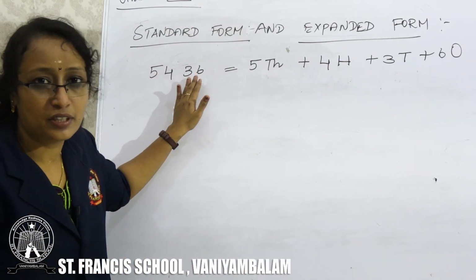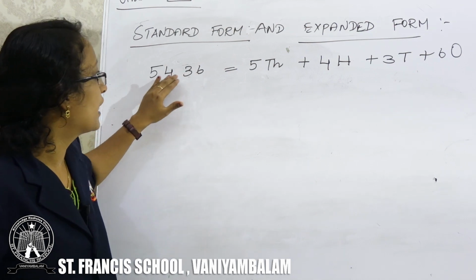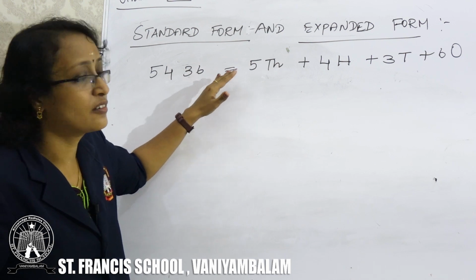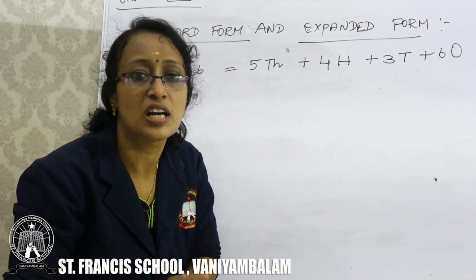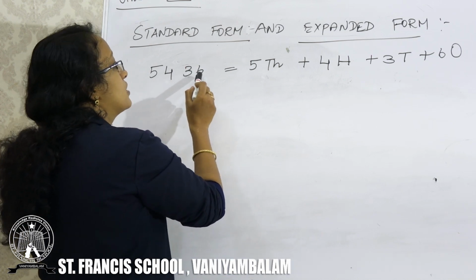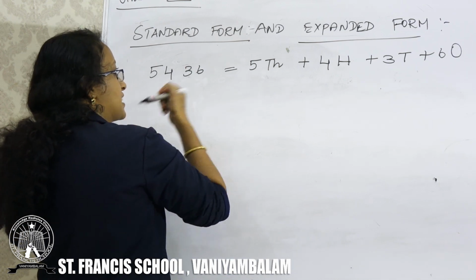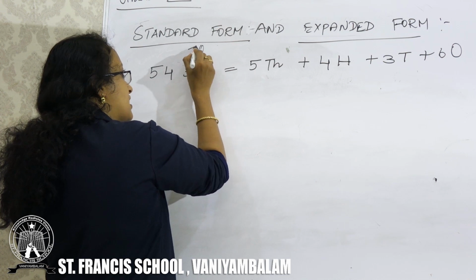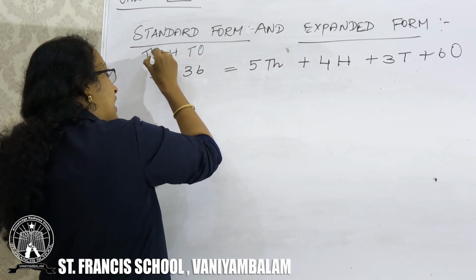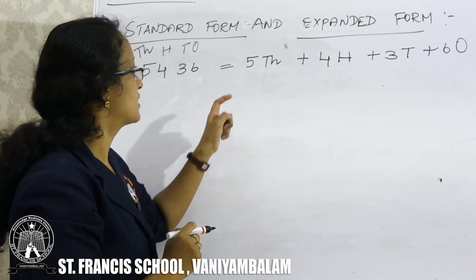See, we have the 4-digit number 5436. First check the place value chart of 5, 4, 3 and 6. So 6 is in ones place, 3 is in tens place, 4 is in hundreds place and 5 is in thousands place.